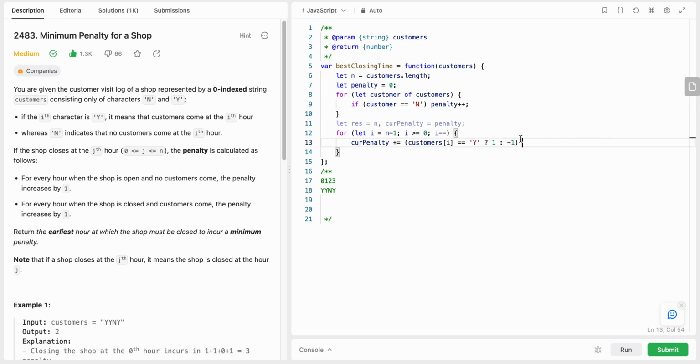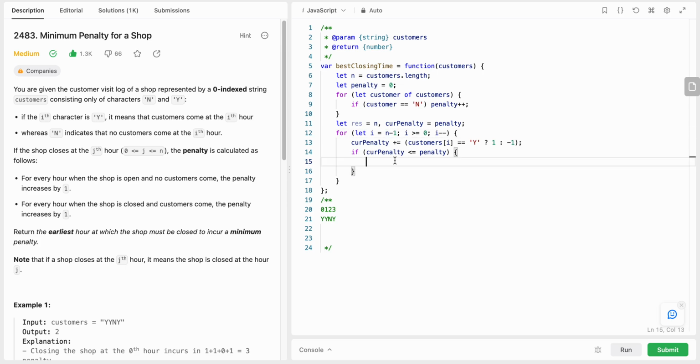In that way we find the current penalty, and now we need to check if our current penalty is less than or equal to penalty. Why equal? Because we need the earliest hour, that is the minimum index, and we are starting from the last index.